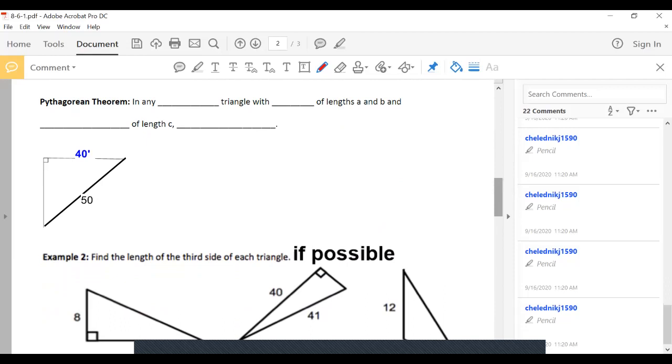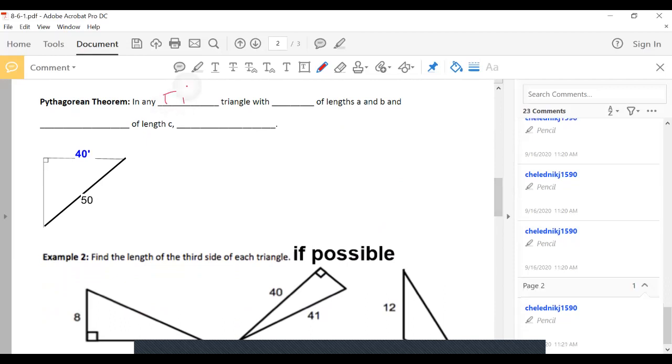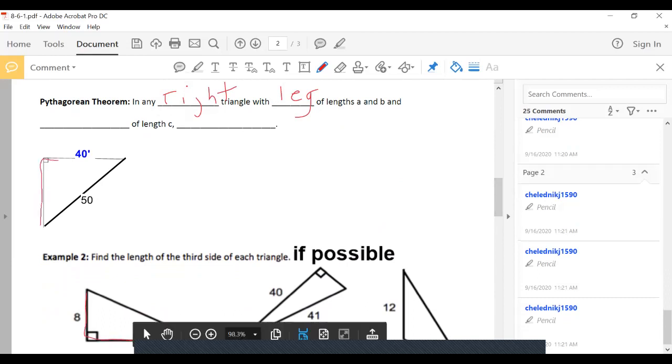So, in any right triangle, this only works for right triangles, with leg lengths of A and B, that's what these sides in the triangle are called. These are legs. See, that's a leg. These are legs.